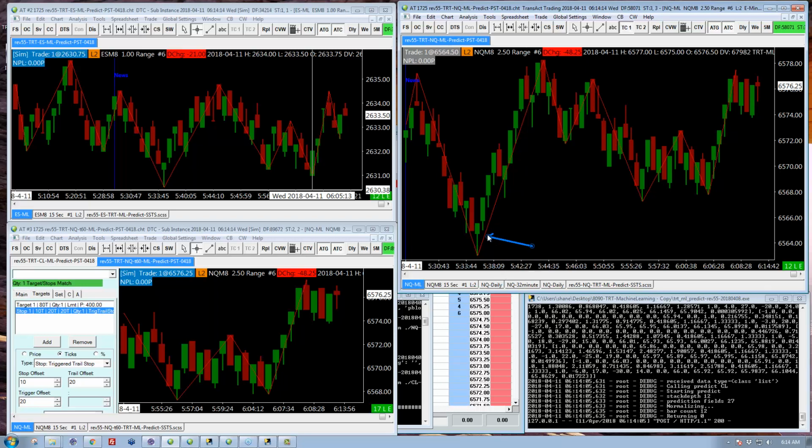And so if you look at that bar right there, the data that's fed to the machine is, this bar here meets the long target because it goes 30 ticks in one direction before it goes 10 ticks in the other. Next one also.